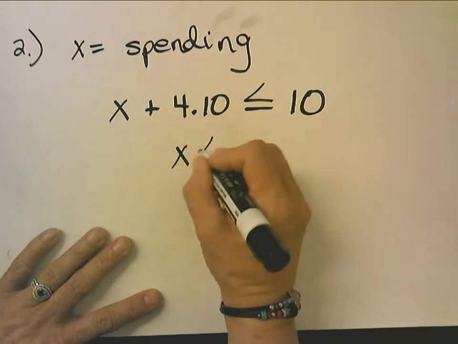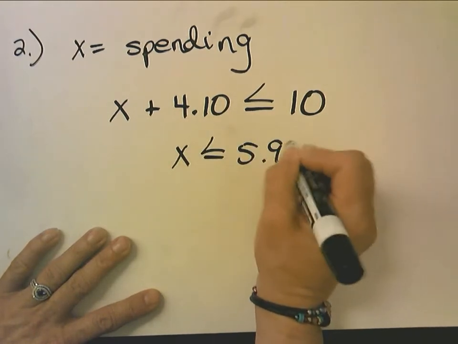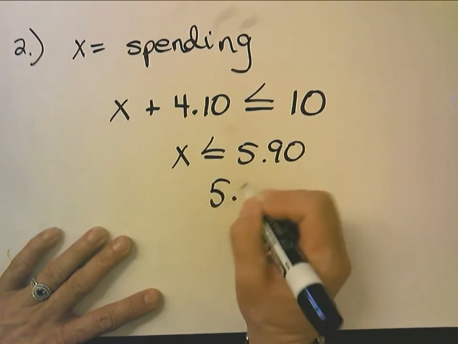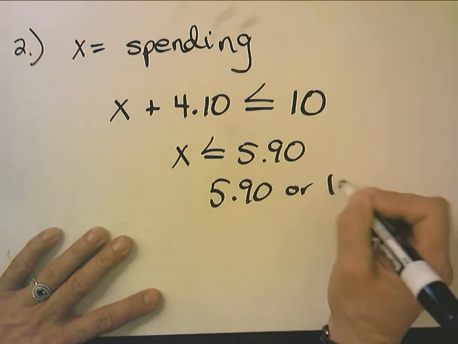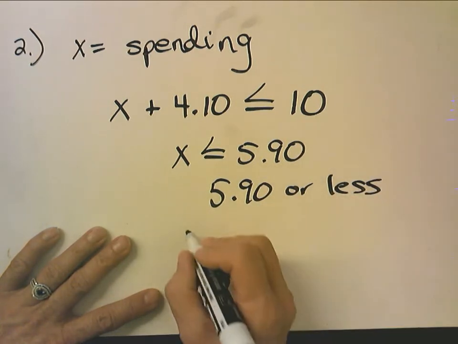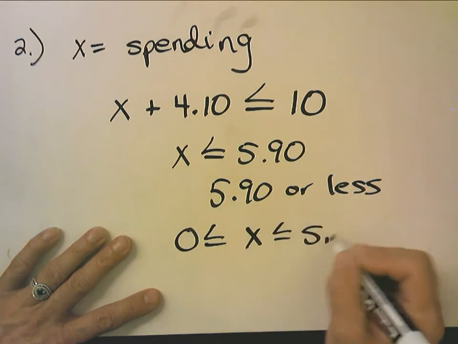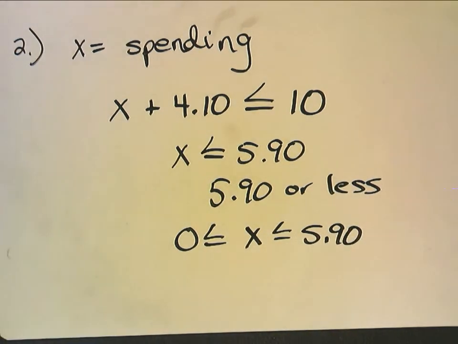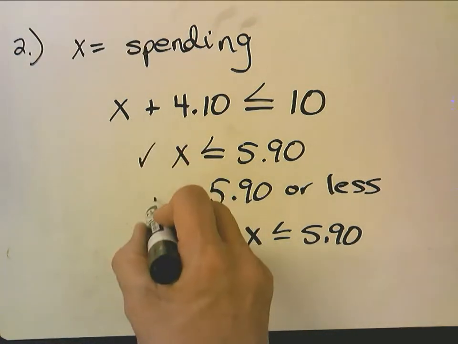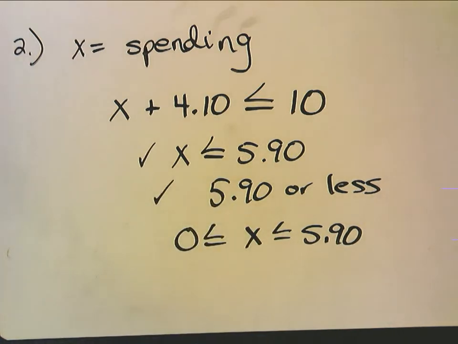So this would be x is less than or equal to 5.90, which gets you full credit. 5.90 or less, again, full credit. The best answer would be x is in between 0 and 5.90, because obviously she can't spend less than 0. But these two will get you full credit, even though that is the absolute best answer.